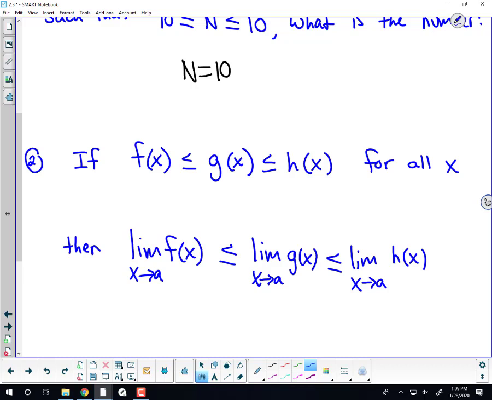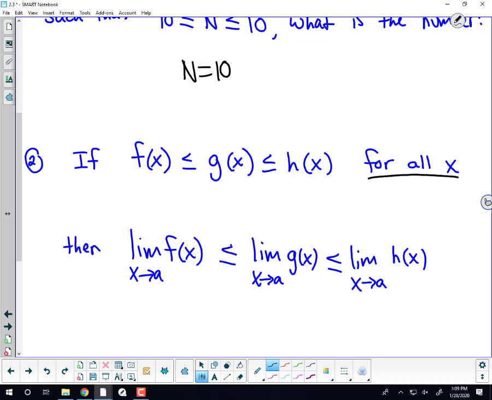Is that still true? Yes, because we know this inequality was true for all x. Regardless of what x is approaching, we know that those functions are in that order for any value of x, no matter where we are. So regardless of what x approaches, just because of this statement here.